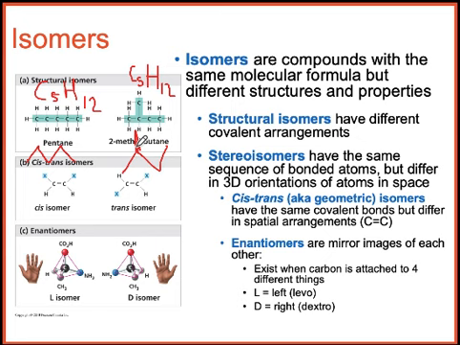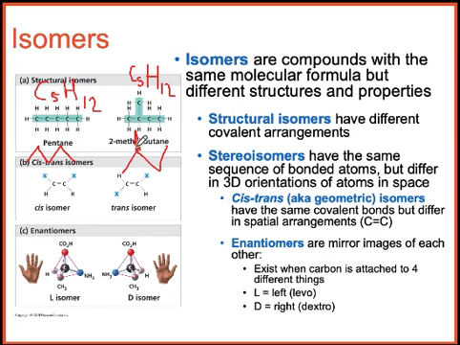You'll just need to know a bit of organic chemistry to get biology, okay? So these are isomers. Why? Because these two compounds have the same molecular formula, but different structures and properties, right? So these structural isomers specifically, they have different covalent arrangements.